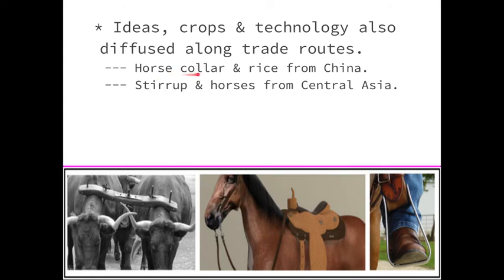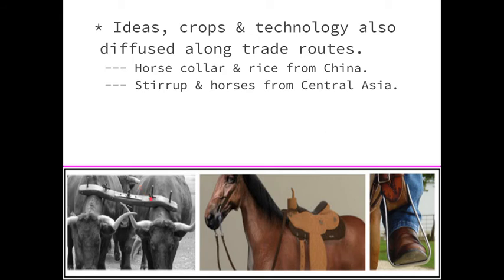So an idea, a technology, for example, is the horse collar, right? So imagine this is what the collar would look like, but it's obviously not on horses. But imagine you have these large animals, these large oxen or cows or whatever. In the past, they would pull all this heavy weight stuff for you, like on wagons or carts or plows or whatever.